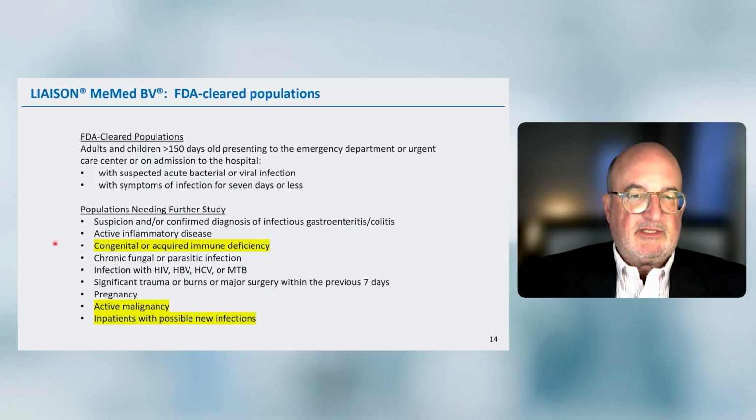These populations, at the time the FDA clearance was issued, had not been studied enough to have any recommendation by the FDA, but these are all areas under current study, and it turns out that it works very well in many cases of immune deficiency, malignancy, and even in patients with possible new infections. So I would emphasize also that at the moment, the clearance is for emergency department, urgent care center, or at the time of admission to the hospital.